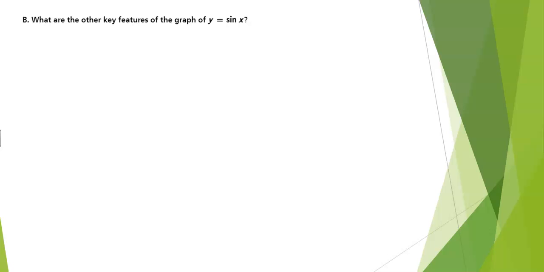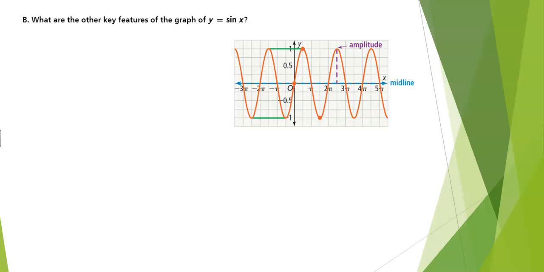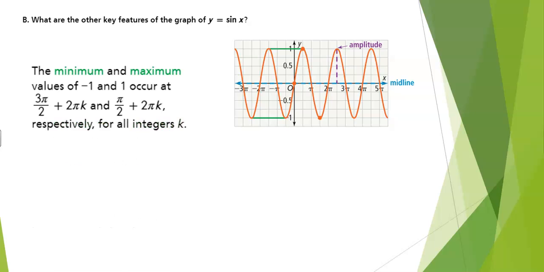What are some other key features of the graph of y equals sine of x? Let's look at that. I don't know if you see anything else that stands out to you. I talked about this just a little bit: the maximum and minimum.